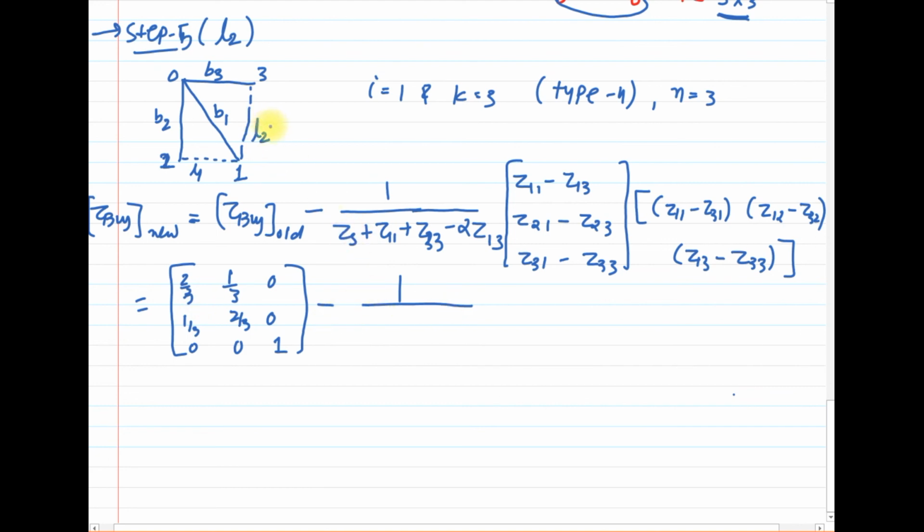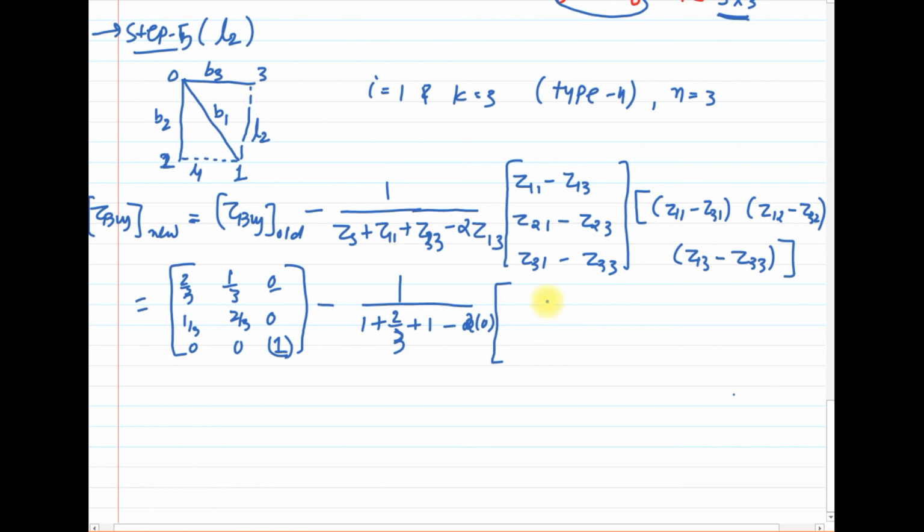ZS, the self impedance of the element which is added into the network, which is L2, is given as 1 ohm. So 1 plus Z11, which is 2 by 3, plus Z33, which is 1, minus 2 times Z13. Z13 is 0, so I will directly write it as 0, or if you wish you can write 2 into 0.